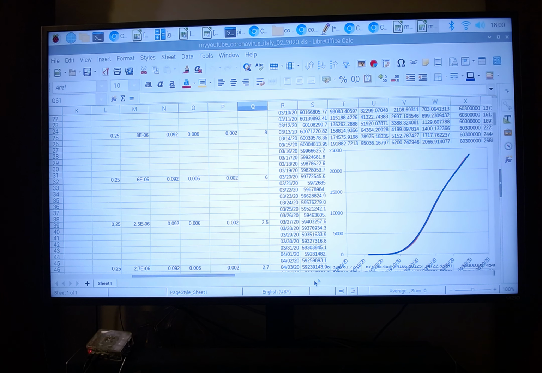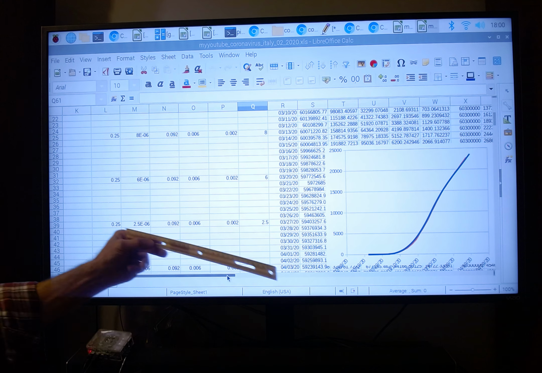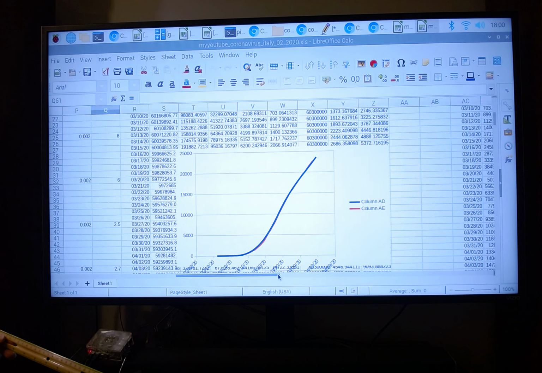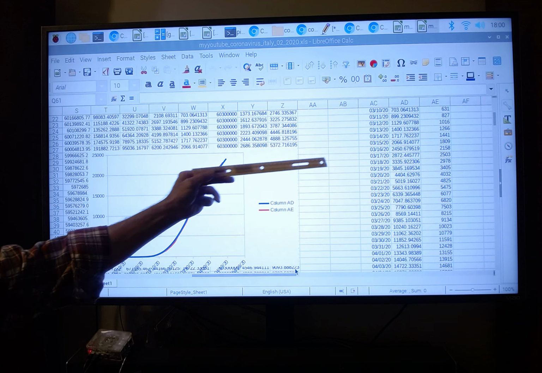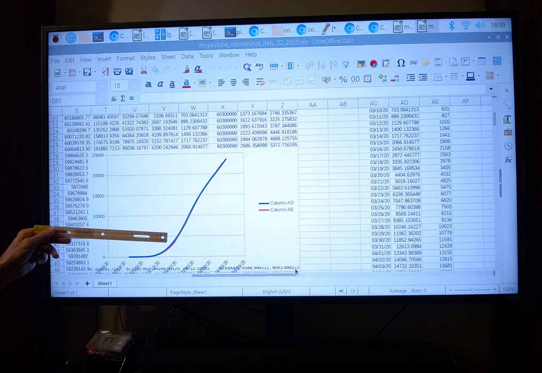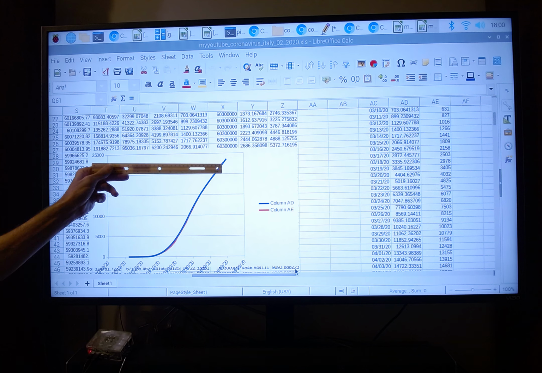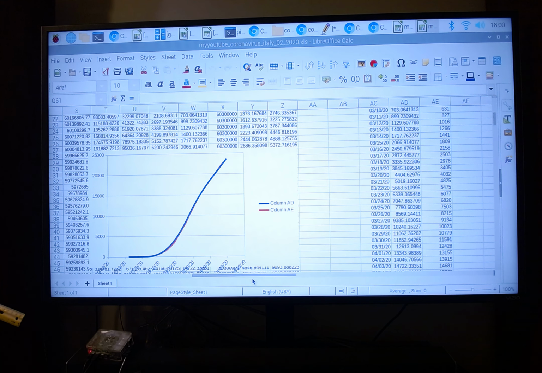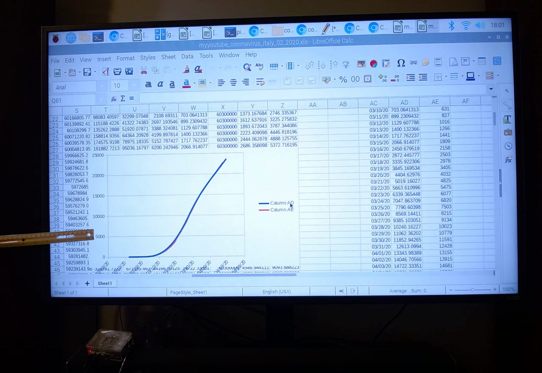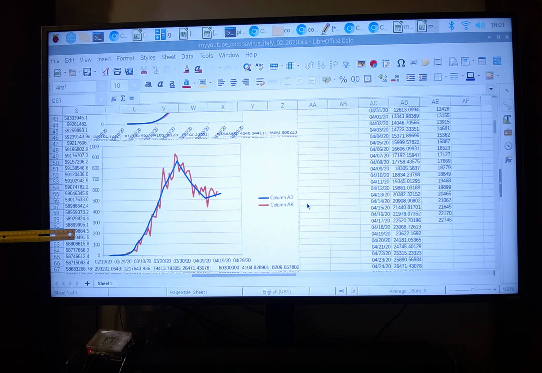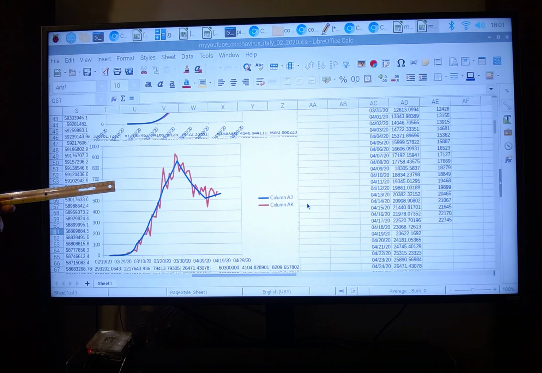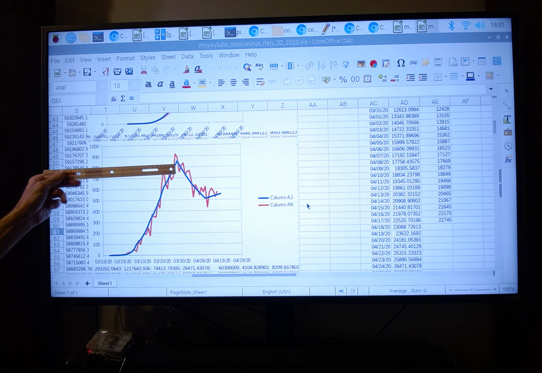And now that column, that is observed deaths. So I'm just plotting observed deaths and trying to match that with my curves over here. Now this is the change in the daily deaths, and there was a peak and then it dropped down.